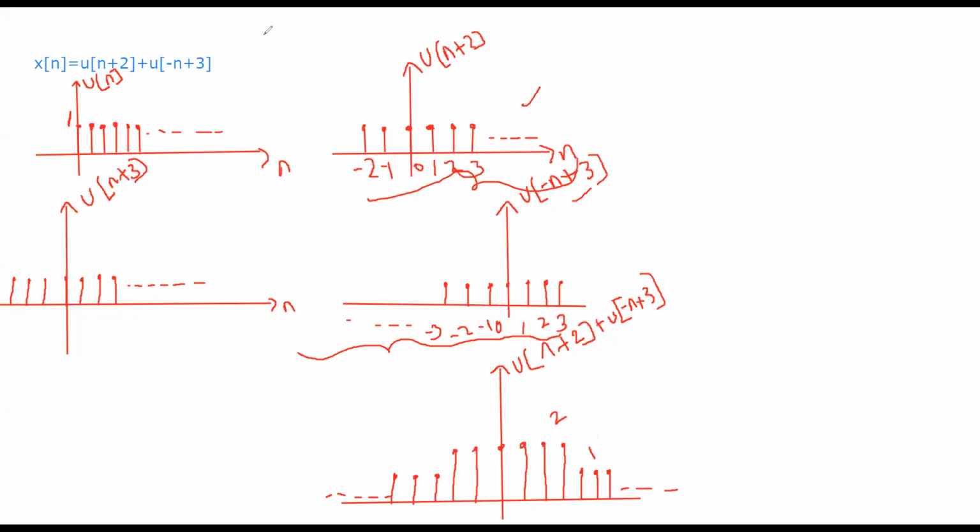And the next signal is u of n plus 4 minus u of n minus 2.